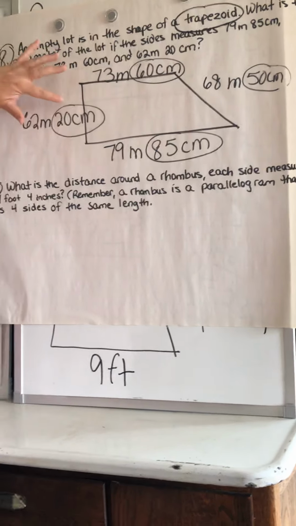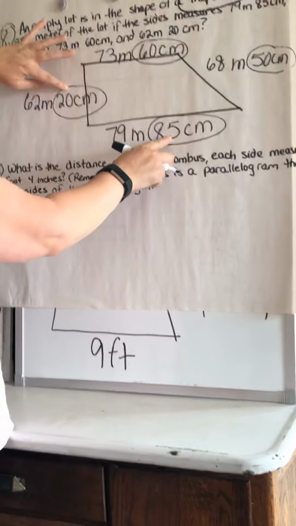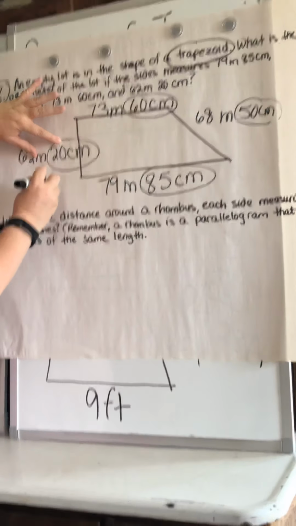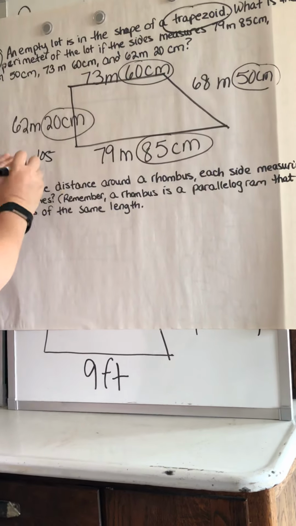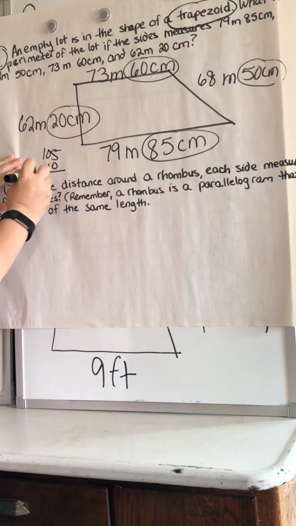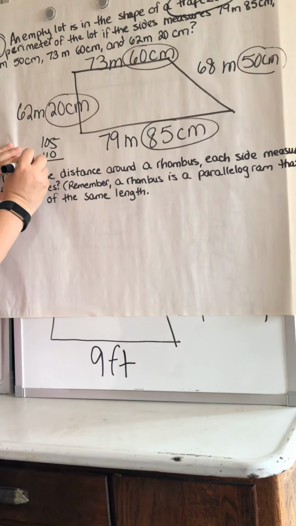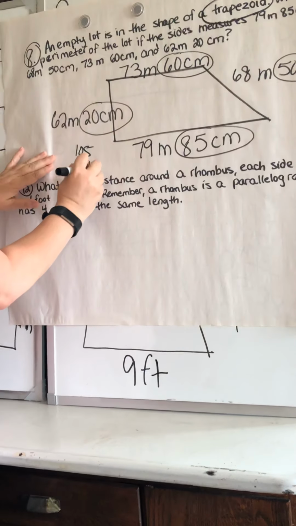Okay, so this is 20 plus 85, that makes 105. 60 plus 50 is 110, so you should have come up with 215 centimeters.